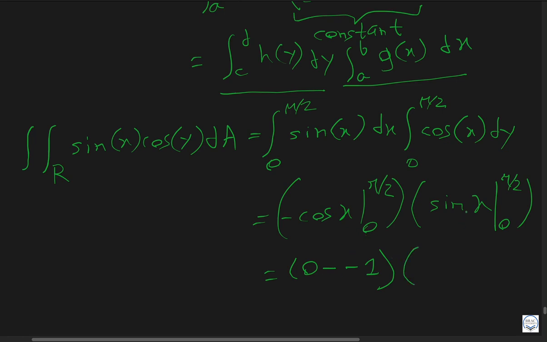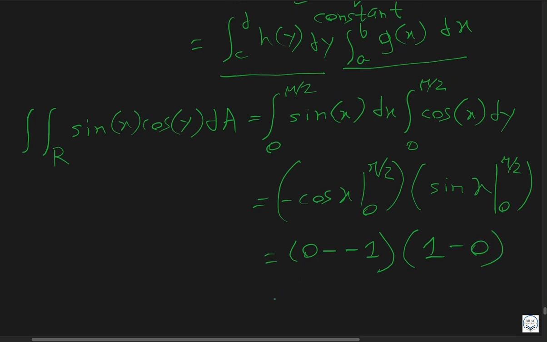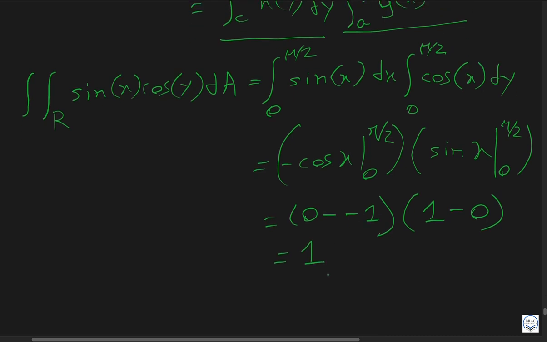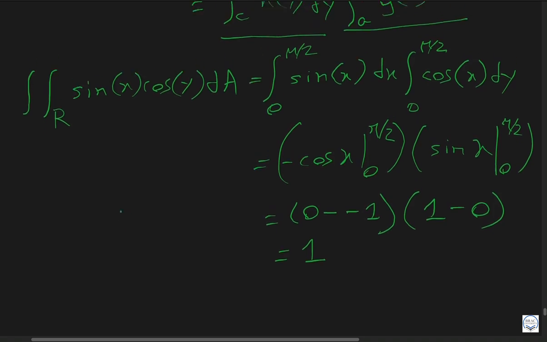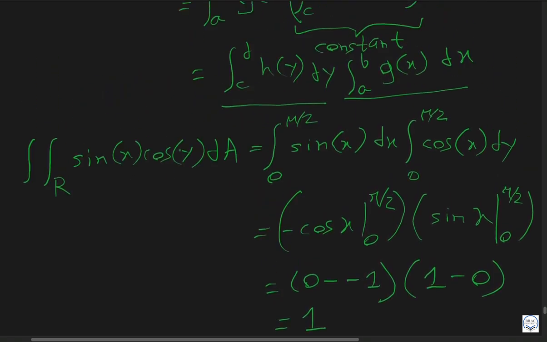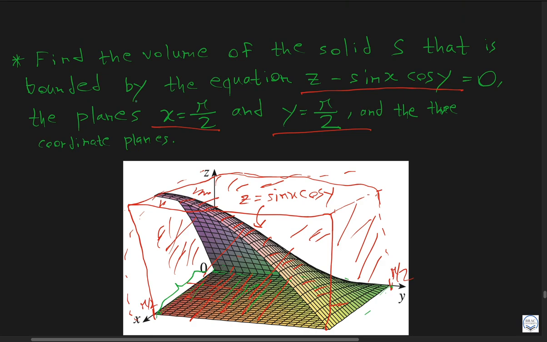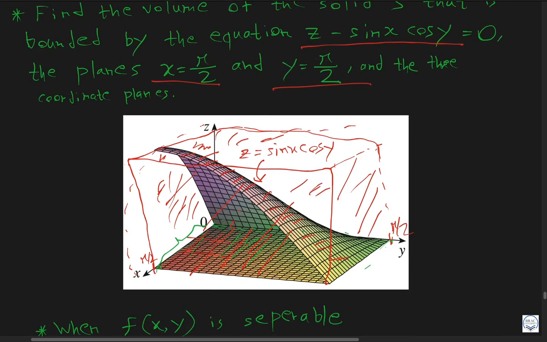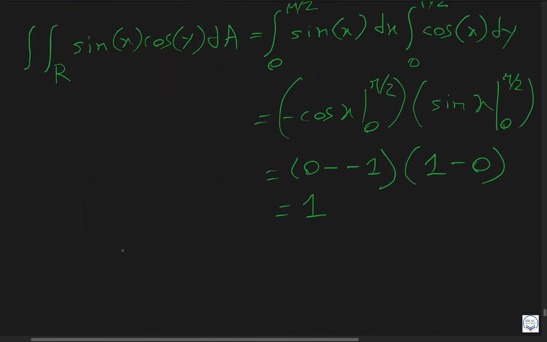Next, sin x, sin pi by 2 is 1 and sin 0 is 0, so 1 minus 0. So this basically is 1 because minus minus is plus, so we get 1 into 1 is just 1. This means that this integral, our required volume, is equal to 1.